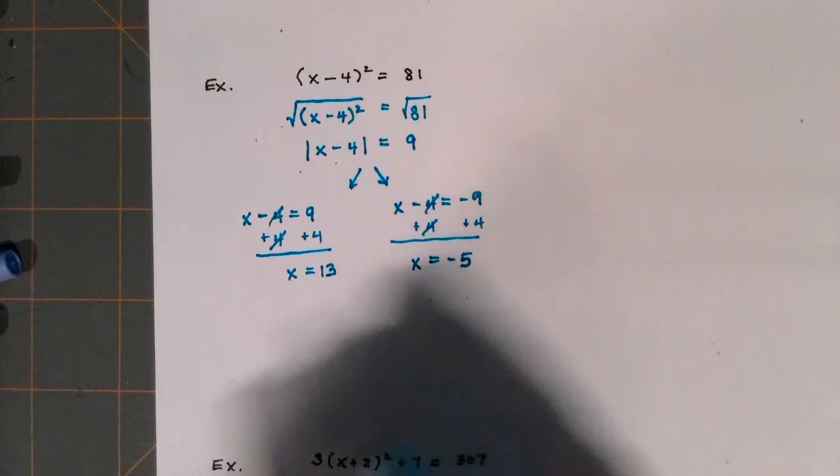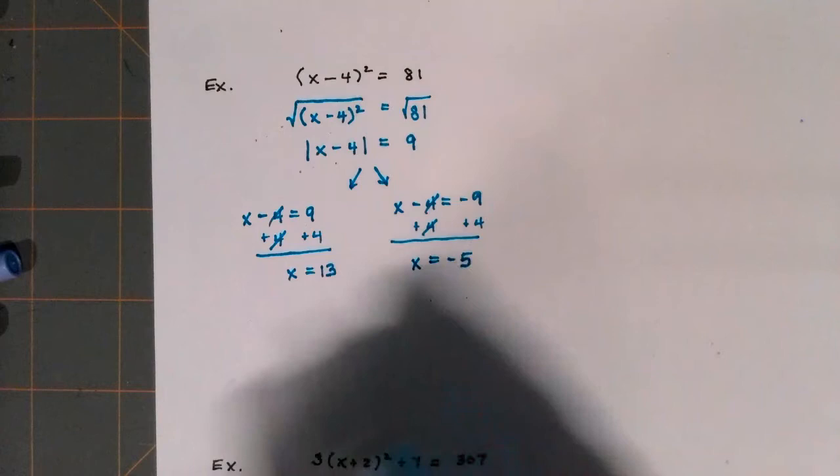So I divide both sides by 3, and I get x plus 2 quantity squared is equal to 100. Now I would undo my exponentiation.